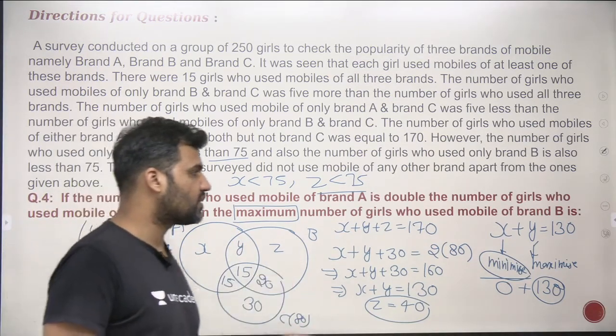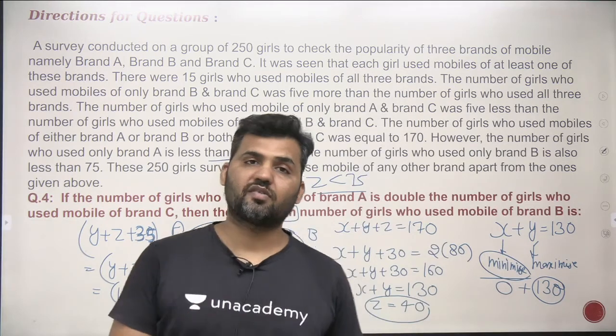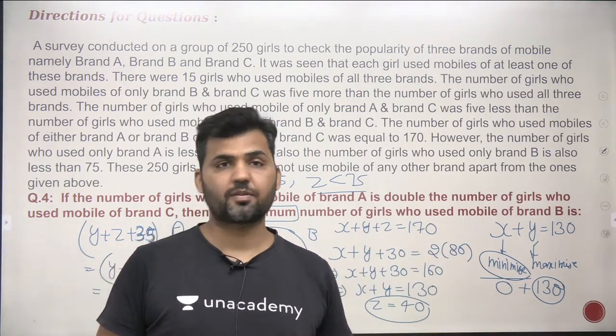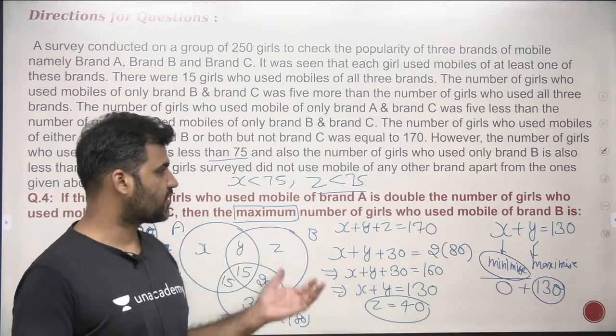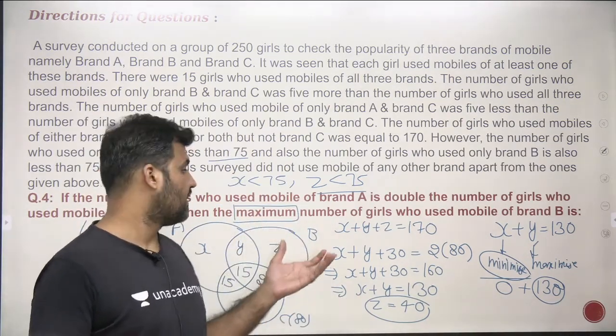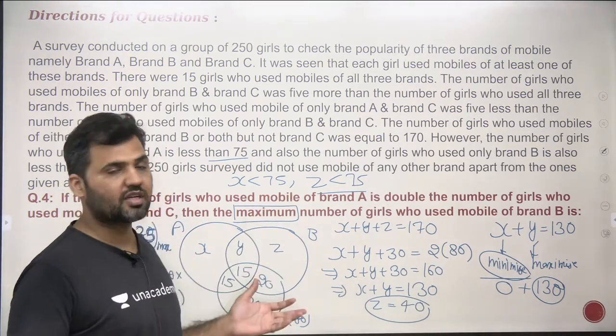This type of question has been asked in the previous year paper of CAT in 2005 and in one of the sets in 2018 in evening slot. So you should know how to solve this question of maxima and minima. If some information is given in the question to make your equation, make a standard Venn diagram, use the information here, right?